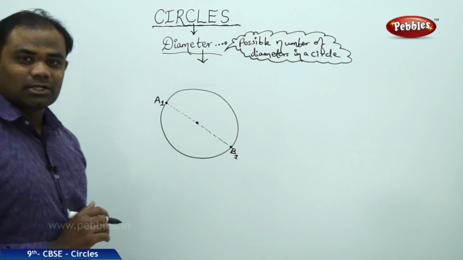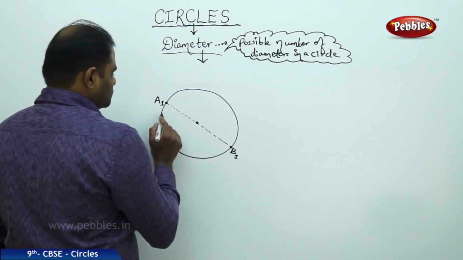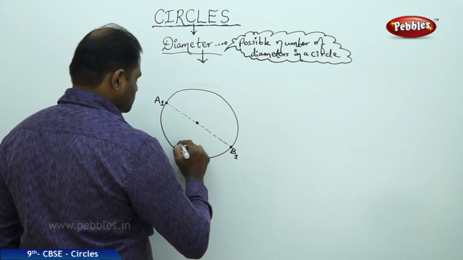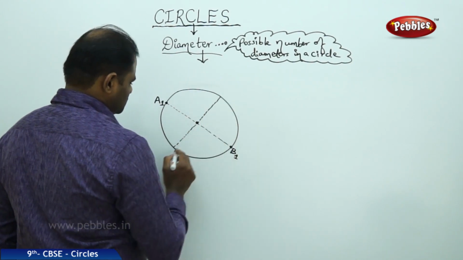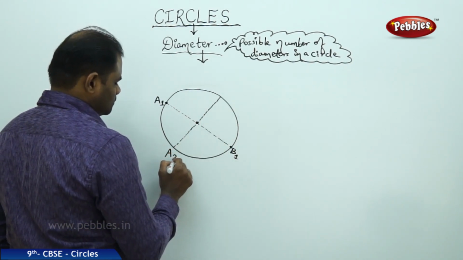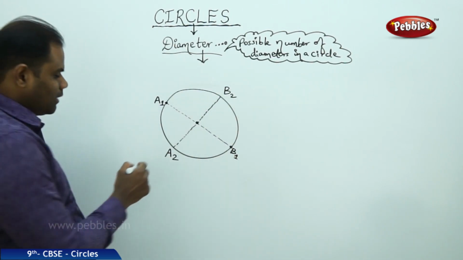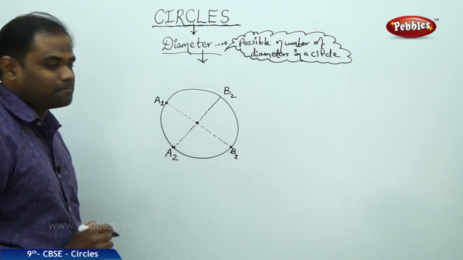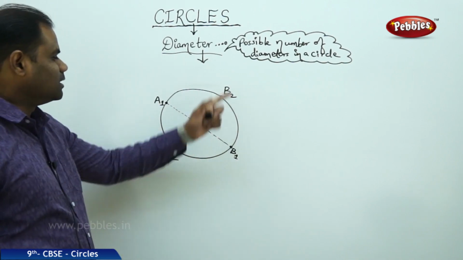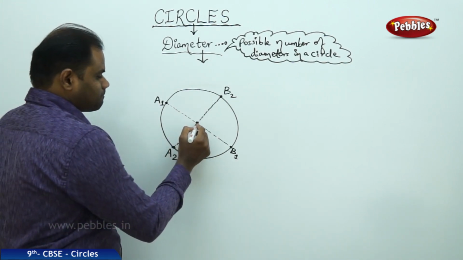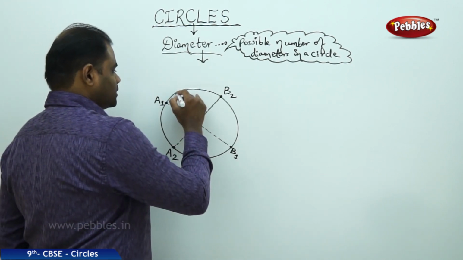Similarly, let me take another chord passing through the center in some other direction. So here I have A2 and B2. So here I have a point A2 which is taken on the circle and the point B2 taken on the circle in such a manner that all these three are collinear. Let me take one more in some other direction.